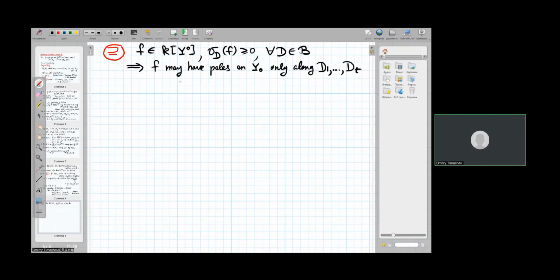So you have a function which is regular everywhere outside these divisors. And this means that this function can be represented as a fraction big F over S_0 to the power d, for some regular section big F of some tensor power of my line bundle L, with d sufficiently big.